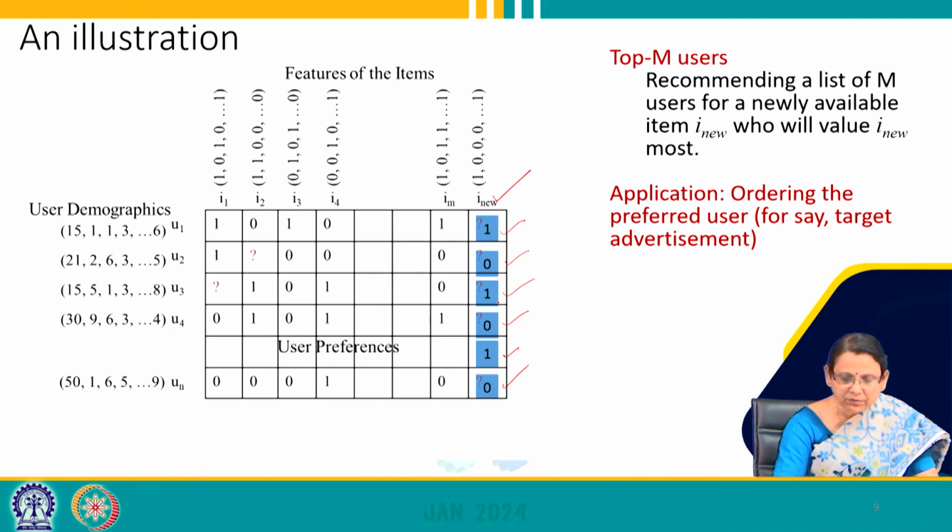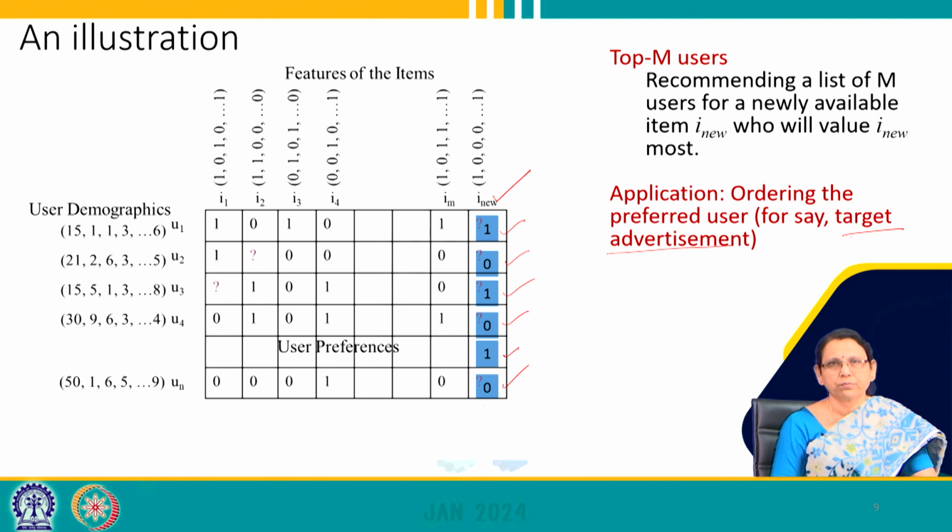Once we have these predictions ready, we can target the users who are likely to like this item, who are likely to order this item. So to them we will try to show this. This can basically be used for some kind of targeted advertisement.